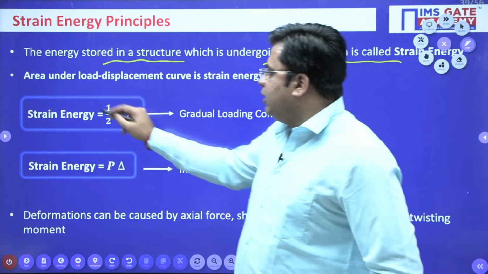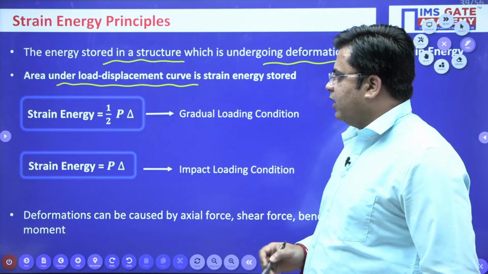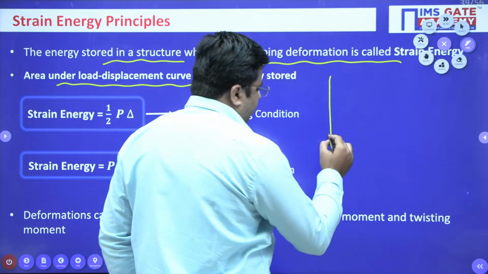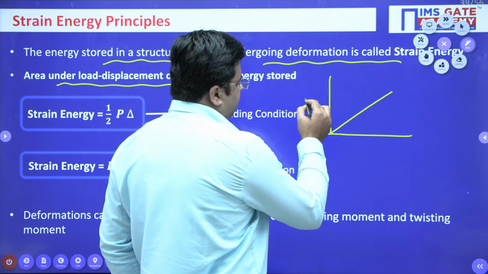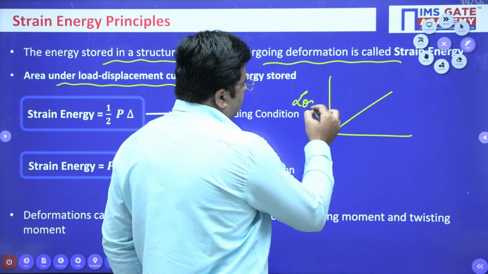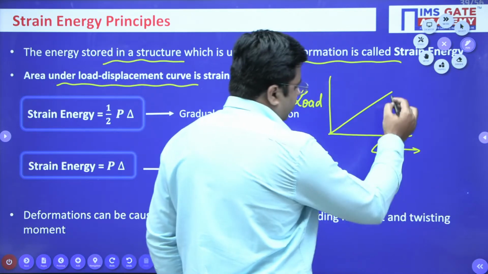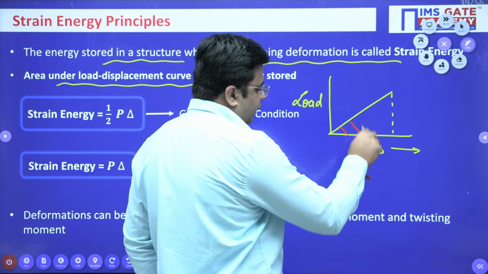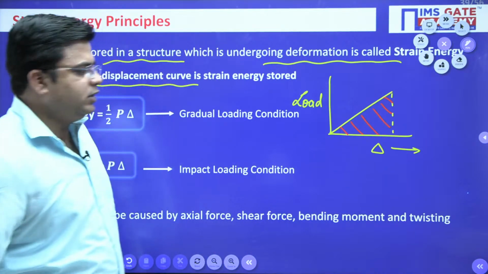Strain energy can be calculated by calculating the area under the load displacement curve. So when we talk about gradual loading, this is my load displacement curve for the gradual loading. The area under this curve is the amount of strain energy that is stored.